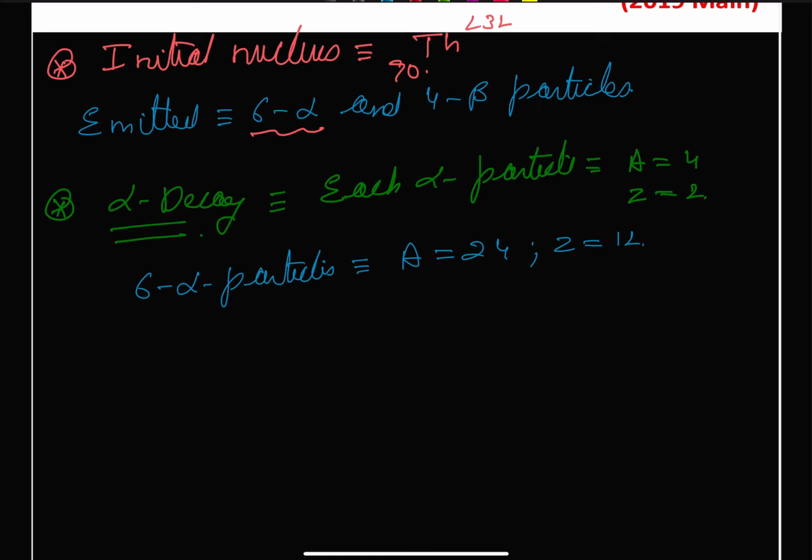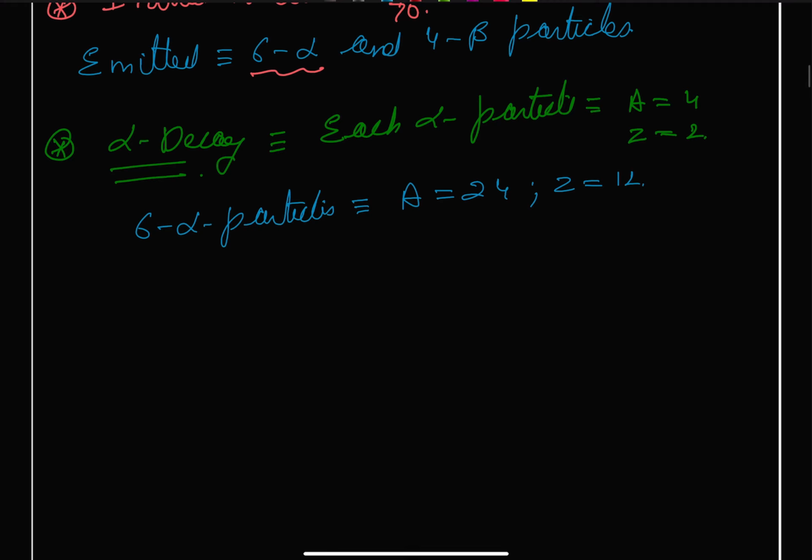So after alpha decay we are going to get an intermediate nucleus.